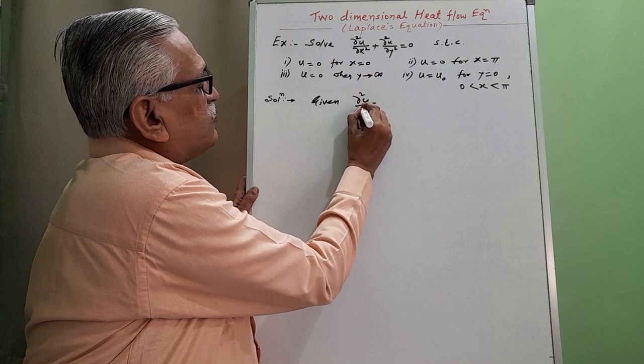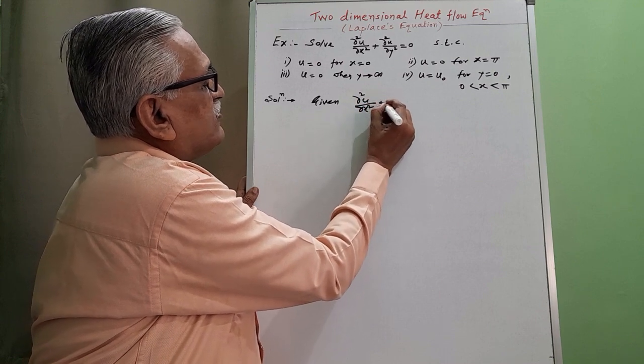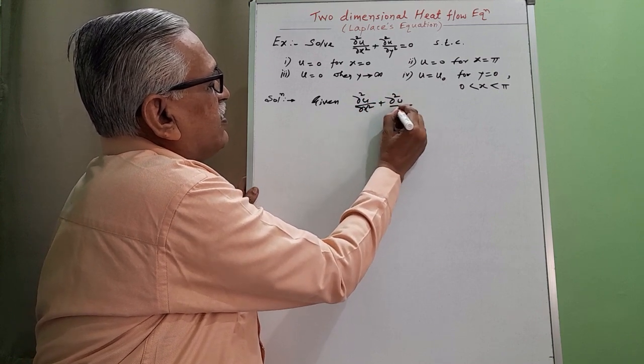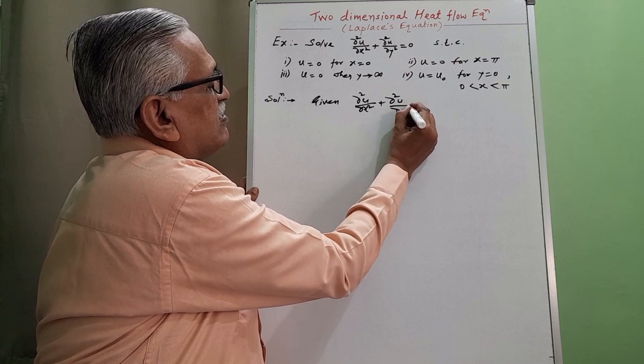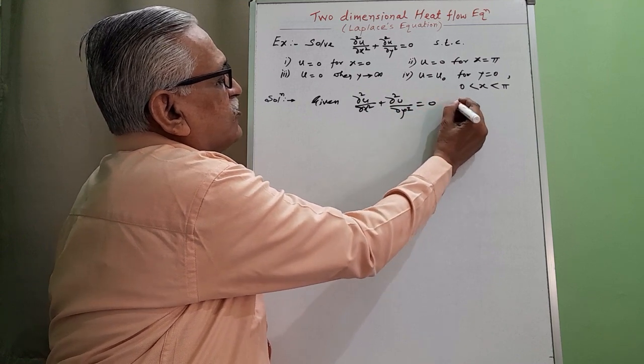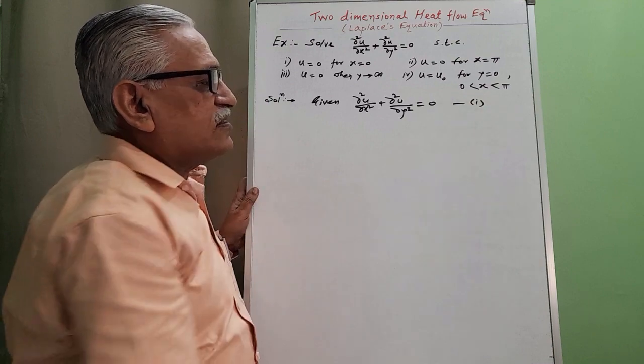The differential equation is ∂²u/∂x² + ∂²u/∂y² = 0. We call this equation 1.